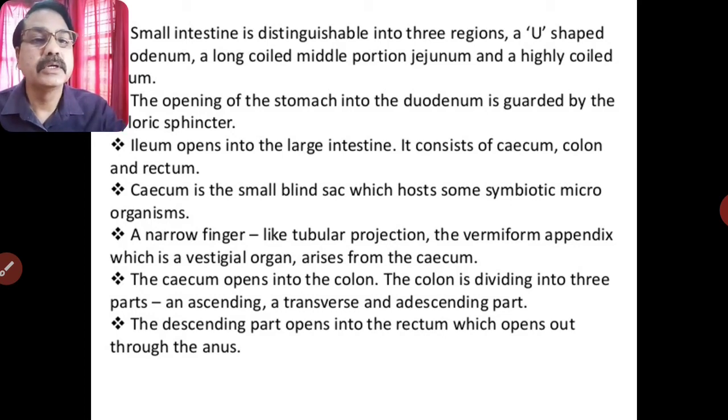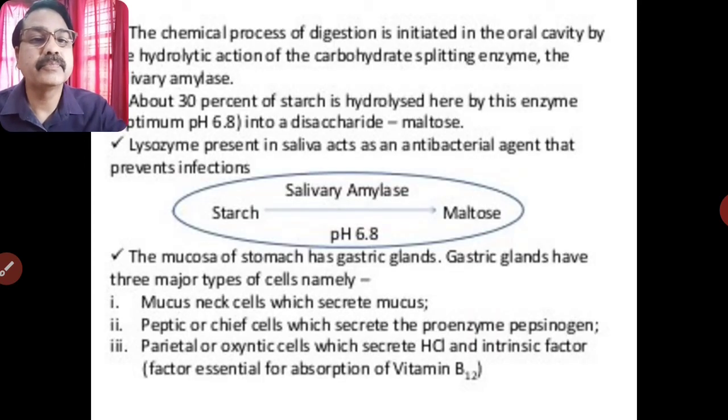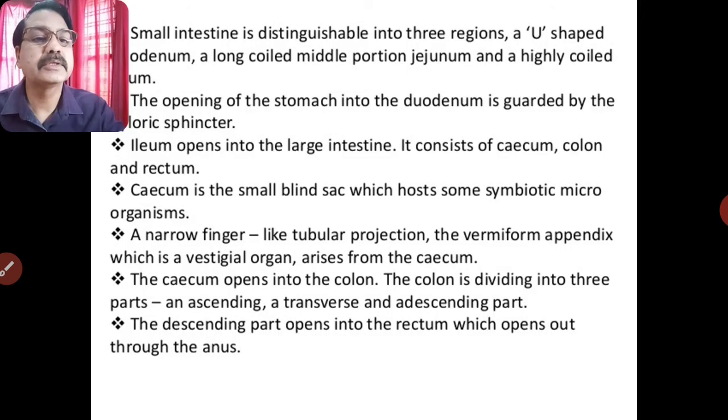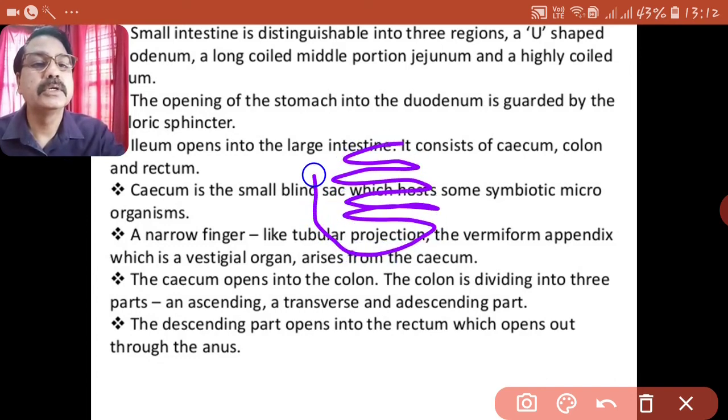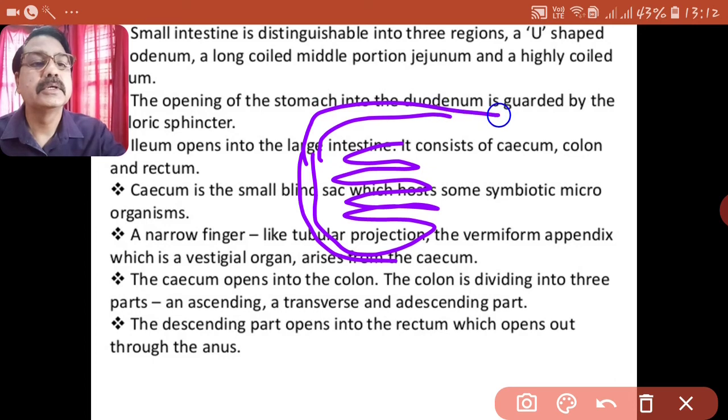You can see here, suppose this is the small intestine, and the small intestine opens into the large intestine. This is the diagram we can see.